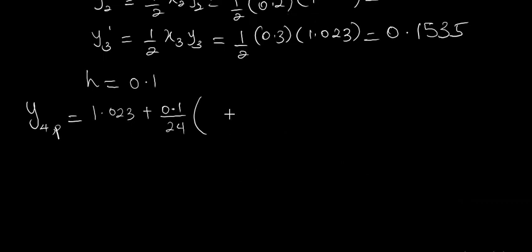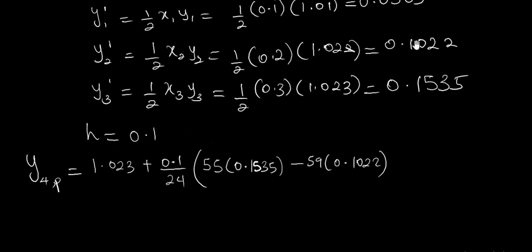So now this is going to be 55 times 0.1535, then we have minus 59 times 0.1022. That's this value, we already have it.